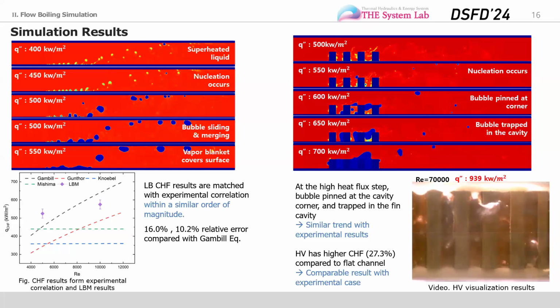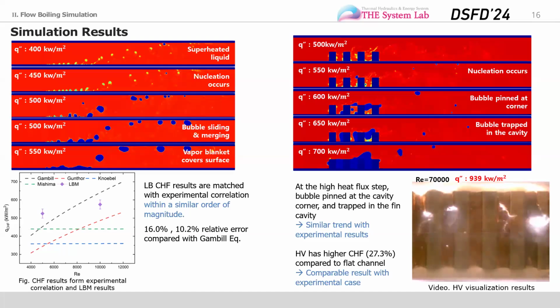And at the heat flux level of 550 kW/m², the merged vapor blanket covers the surface, and it causes an abrupt temperature rise.